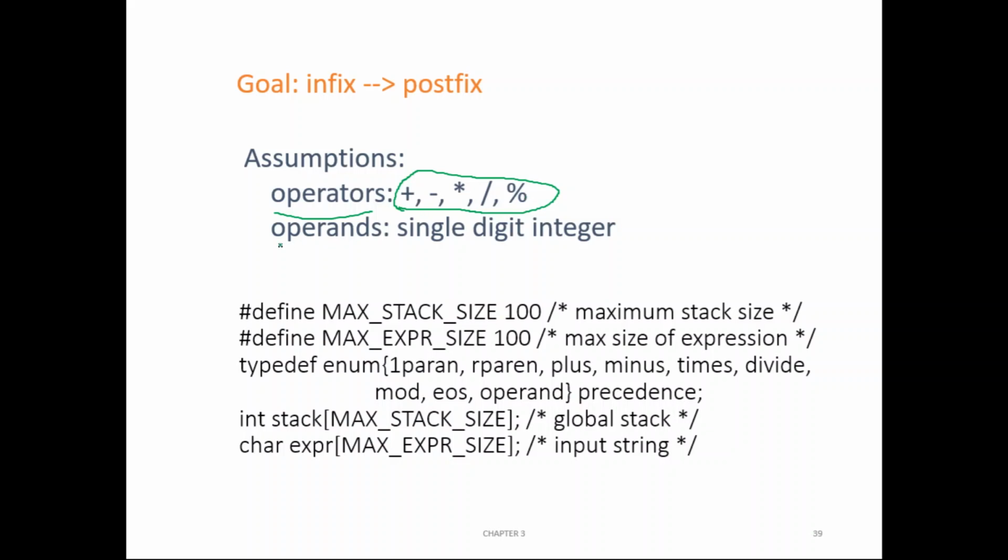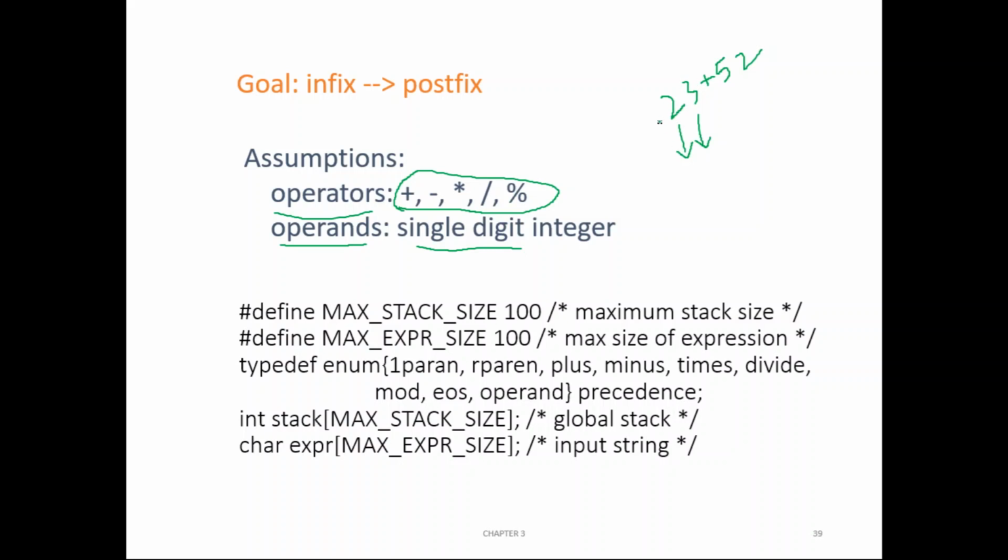And also the operands will be single digit numbers. They will not be double digit numbers, because we are going to read the expression as characters. If it is a double digit number, say 23 plus 52, then first you will read 2 as a character, then 3 as a character, then somehow you have to convert this to 23. And you don't know how many characters there are: a 2 digit number has 2 characters, a 3 digit number has 3 characters, so you have to think of that logic.